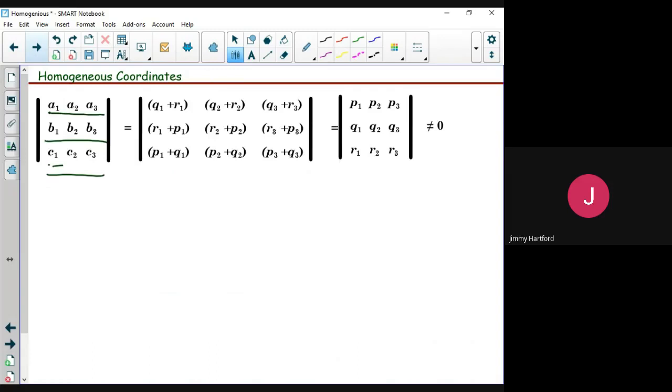And because of the way we have a Q on the front, we have a Q on the back, we have an R on the front, we have an R on the back, much of this is going to cancel out, and it turns out that this determinant is just this determinant. And we've already established that it's not equal to 0. So that means that these 3 points are not going to be collinear.